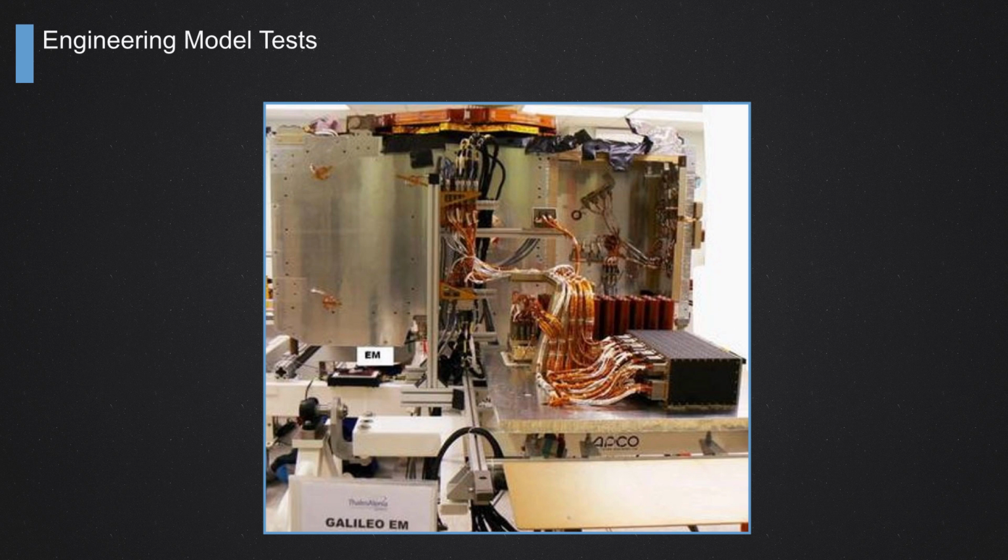Because here I'm concerned with the electronic test of the spacecraft, I'm going to check if they work properly, even though they are not flight approved. I'm not concerned about that. I'm concerned only with seeing if they fit in their compartments, if they are correctly interconnected, if they operate properly, and if they talk to each other properly. That's the main goal of these tests in the engineering model.